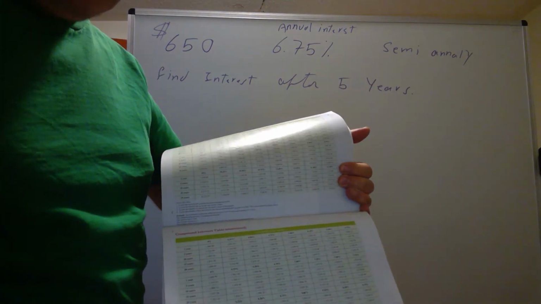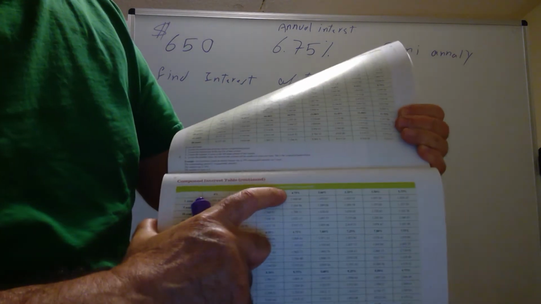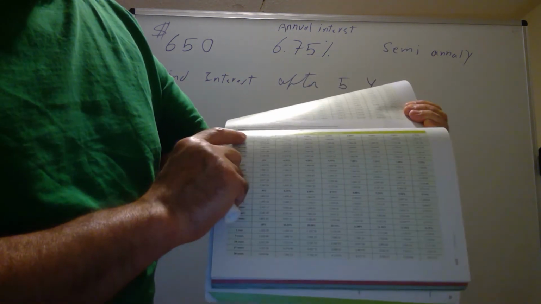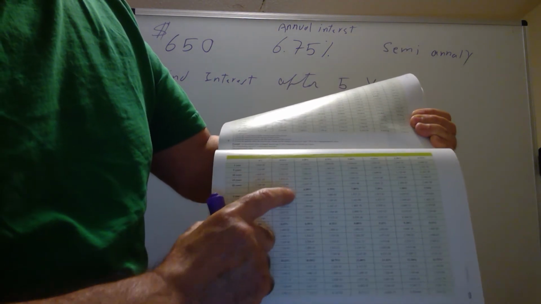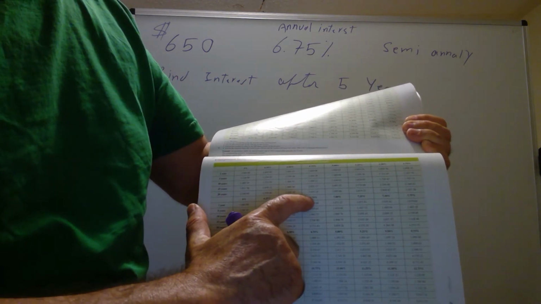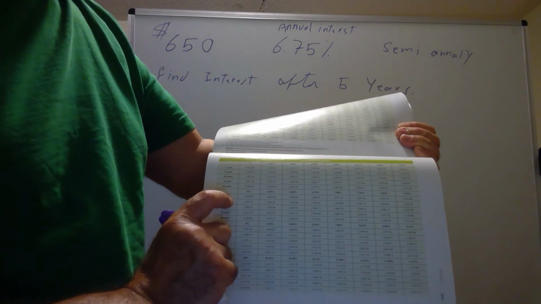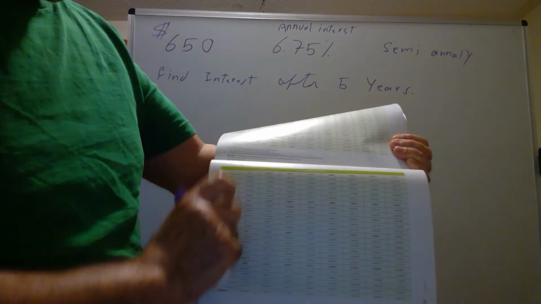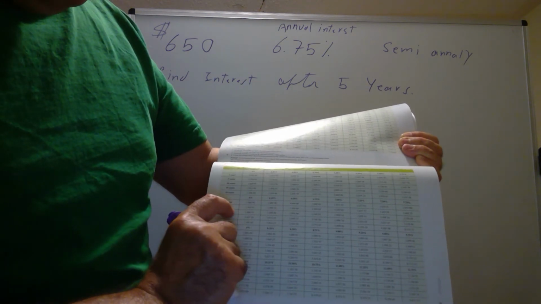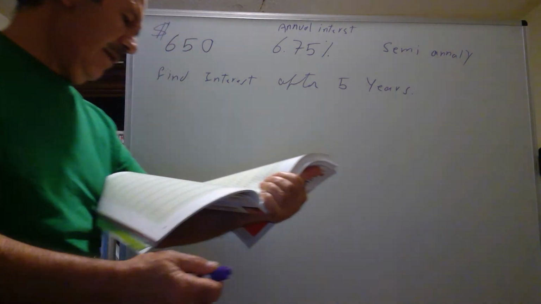I don't know if it's visible or not. Look at here, it is written "compounded semi-annually" at the top of the table. It starts at 4%, 4.25%, and at the bottom is again 6.25, 6.50, 6.75. So look at the 6.75 in the semi-annually table, and the time is 5 years, which is here.